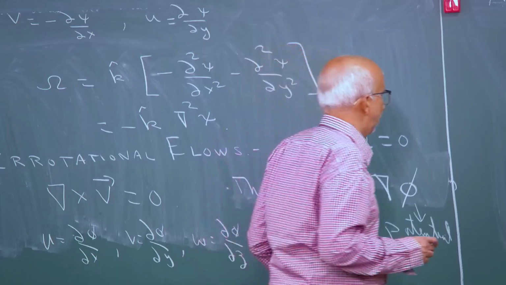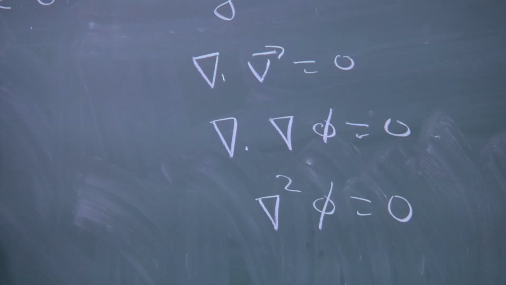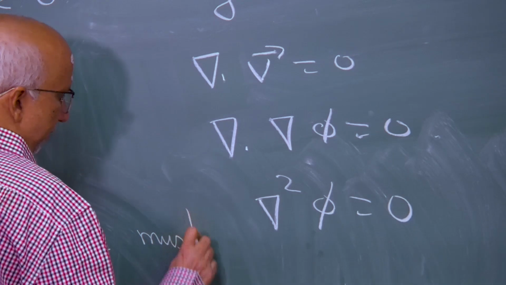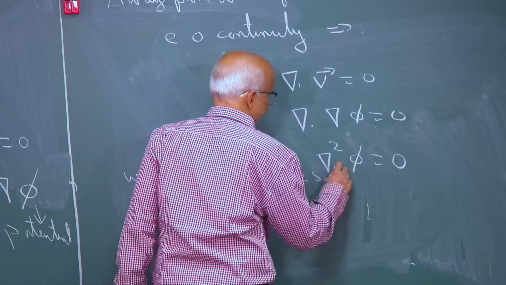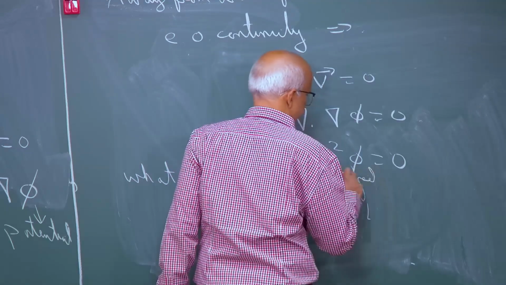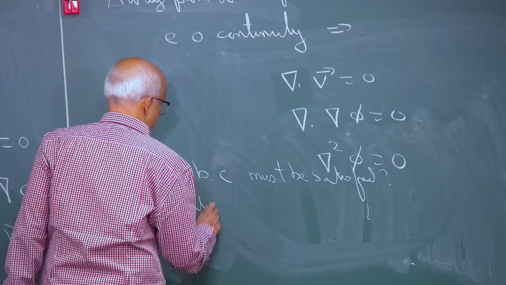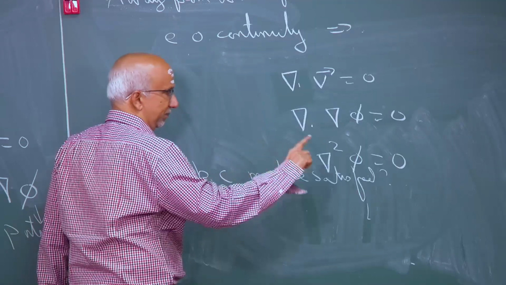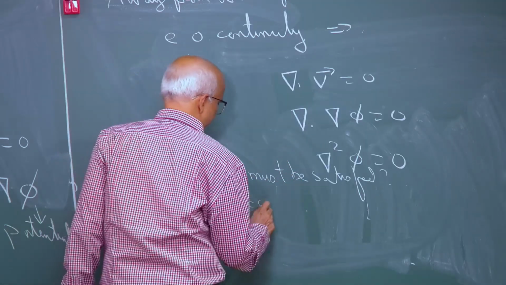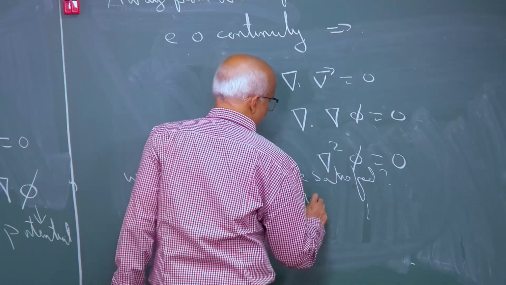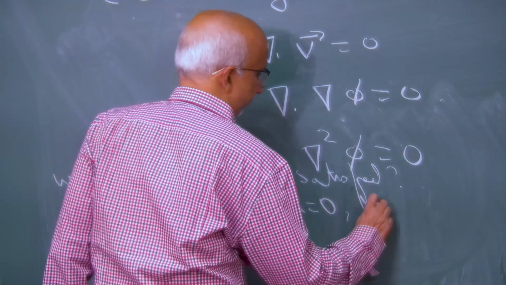So at a wall, what boundary condition must be satisfied? Let us say the wall is y equal to 0. You say u is 0 and v is 0.